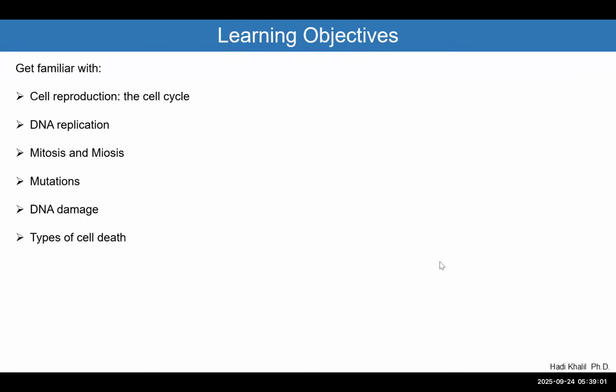Okay, so the learning objectives of this class and the next class are understanding cellular reproduction, which is the cell cycle, how the cell prepares itself in order to divide, and how the cell builds the material that is checked to be accurate before proceeding in the cell cycle and the division.